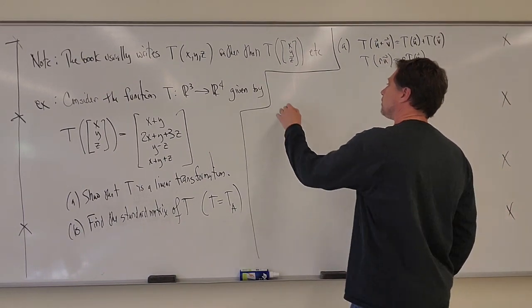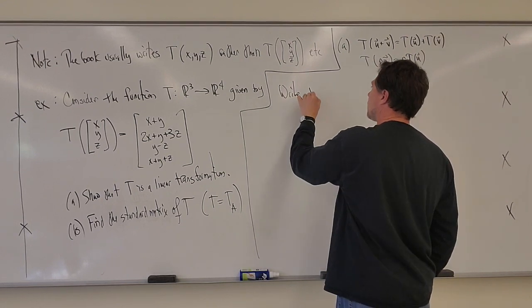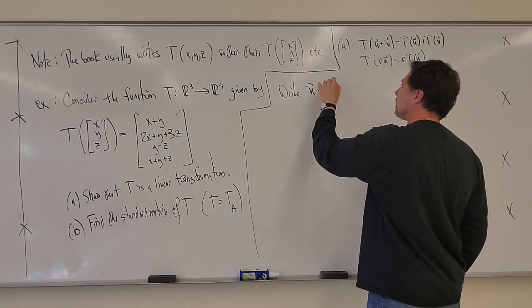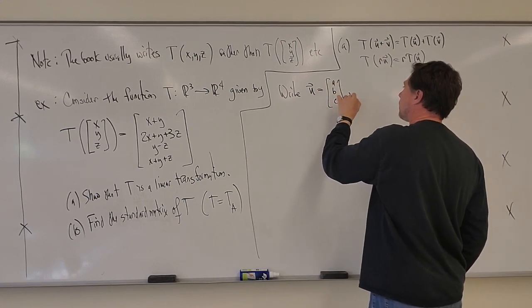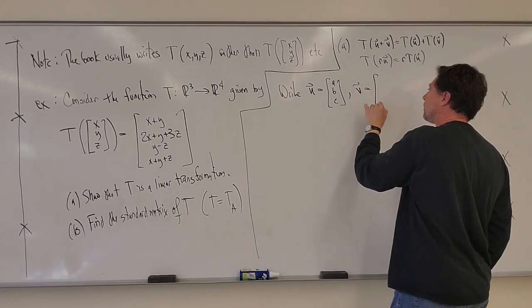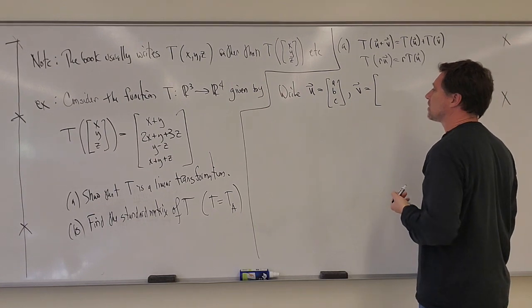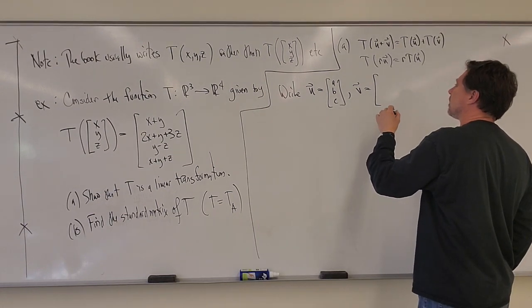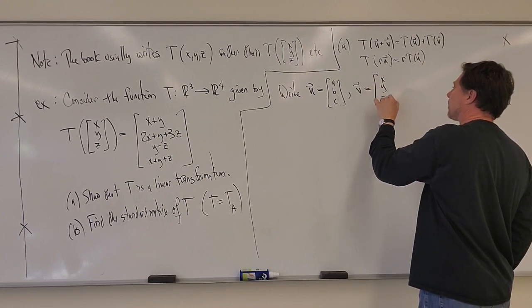So I need a couple of vectors here, so let's say U equals, let's use A, B, C here, and V is going to be the vector X, Y, Z, that's fine.